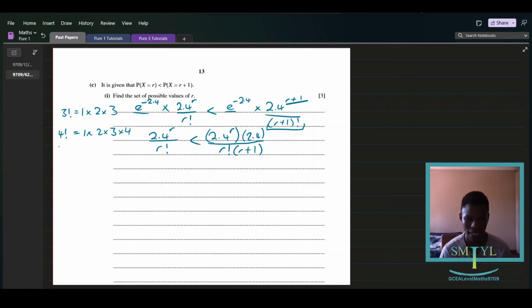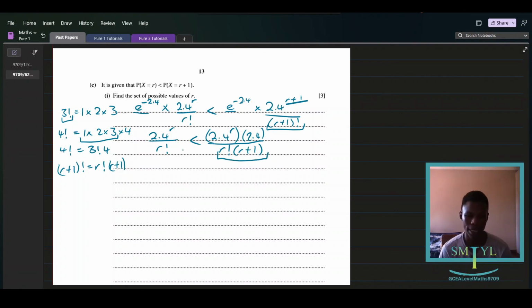Notice how we can write our 4 factorial as this 1 times 2 times 3, which we've said is equal to 3 factorial. So we can write that as 3 factorial times 4. So that means r plus 1 factorial can be written as r factorial times r plus 1. And that's what we've simply done over here.